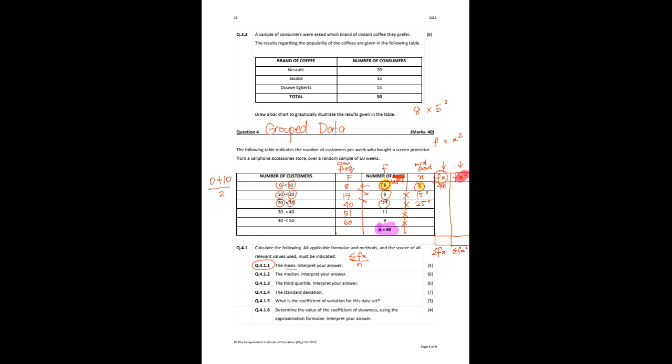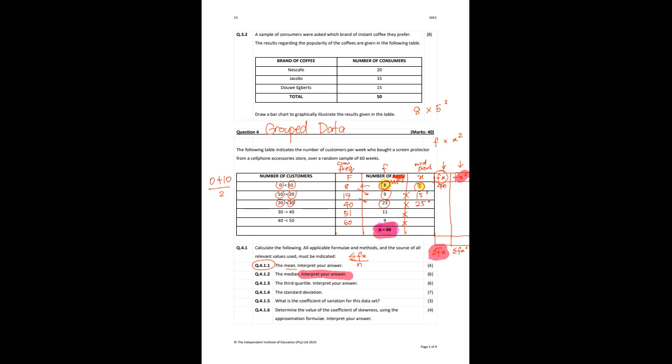So now that you have the table drawn up, here's the sum of fx already calculated in the second last column, and here's your n value that they already gave to you in the table. So it's just the sum of fx over n, and that would give you your mean. Again, here you can stick to 2 decimal places unless they state otherwise. And then you would need to interpret as well. The interpretations can be done in the same way that they were.